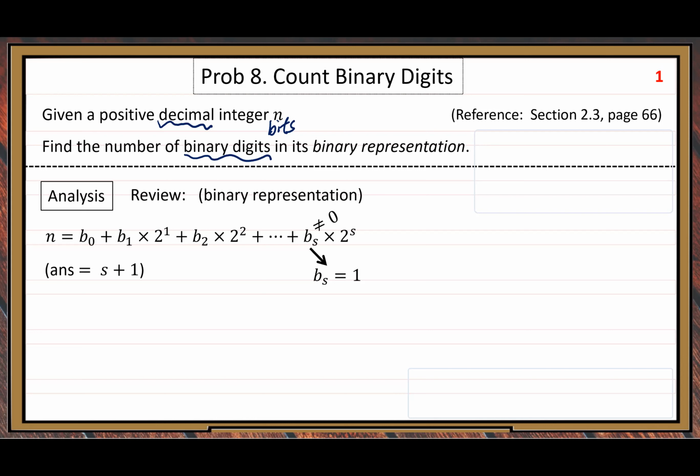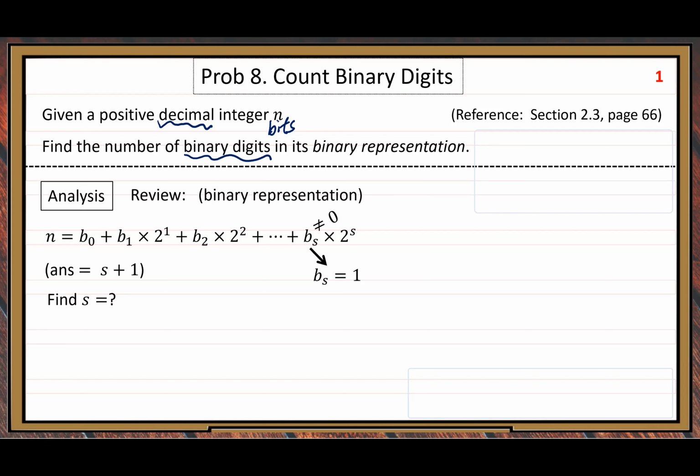But the question is, in your answer expression, you use s, and our given data is n. So when you have an expression not using the given number n, you need to do the conversion. You need to write this s plus 1 in terms of n.